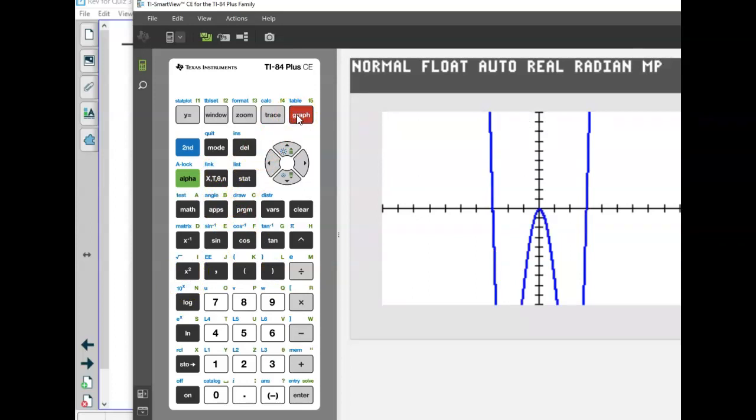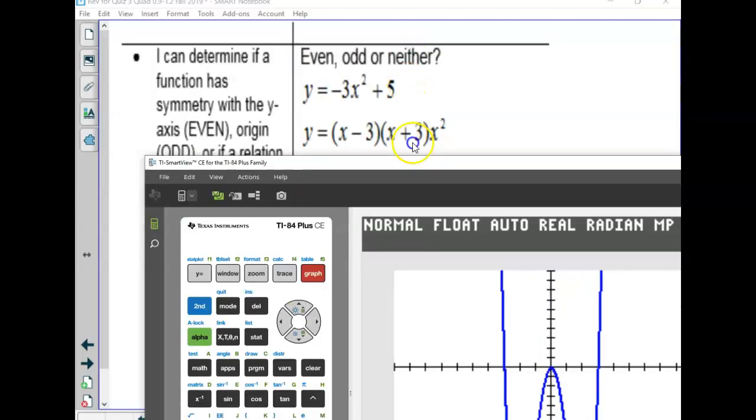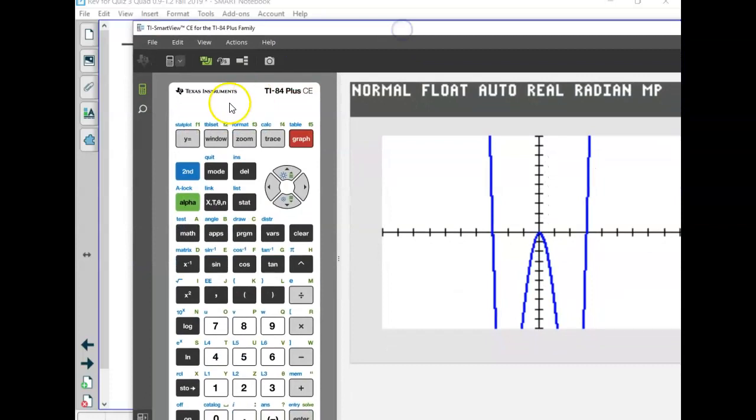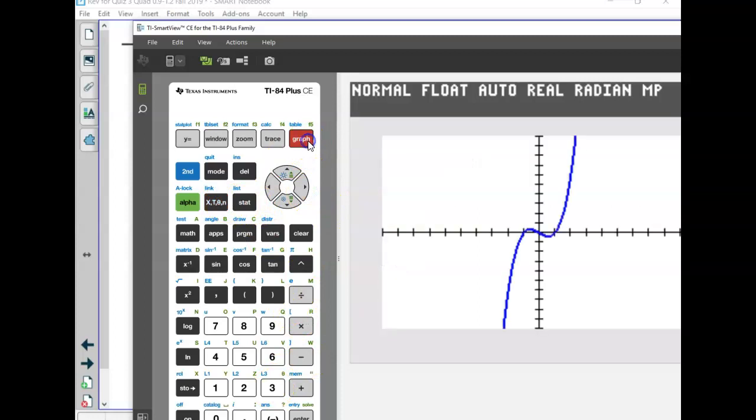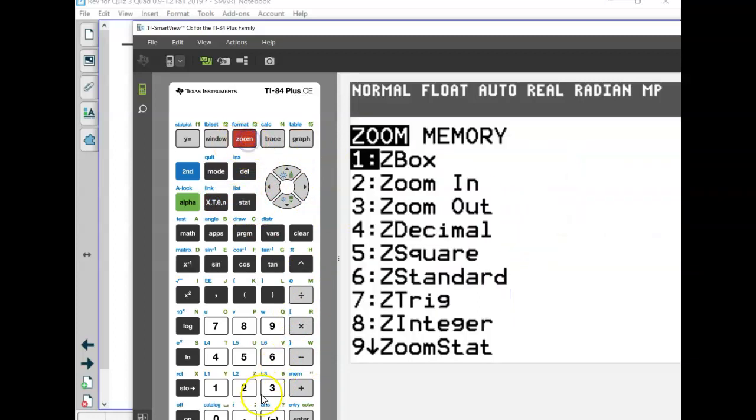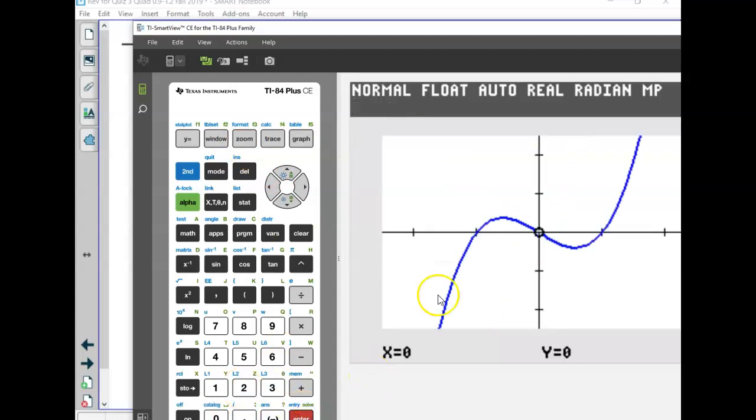It's W, so still even. And x cubed minus x. Looks like this. Okay. You could zoom in a little bit if you weren't convinced.